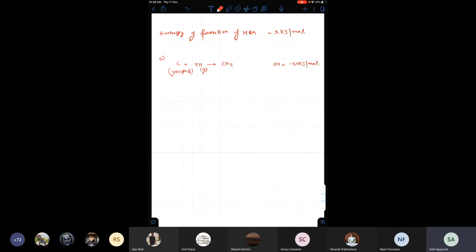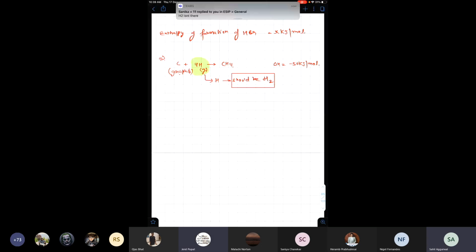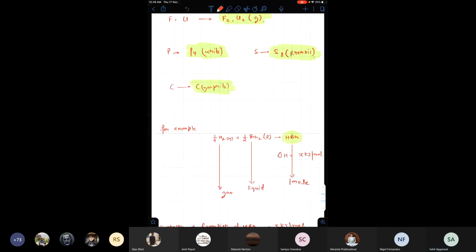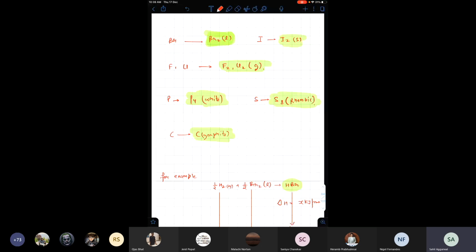Yes, please listen. If you are not getting it, then let me know. H should be H2. Can you explain? What I said is reactants should be in their standard state. And I have given all the standard states whichever are required. So you have to check whether the reactants are present in this form or not.